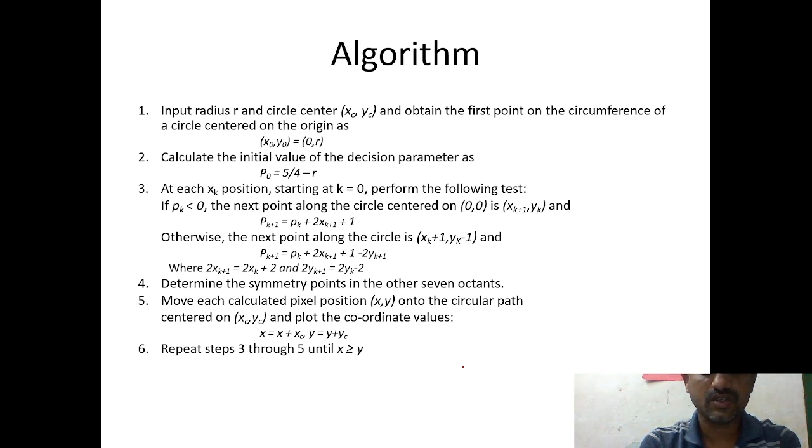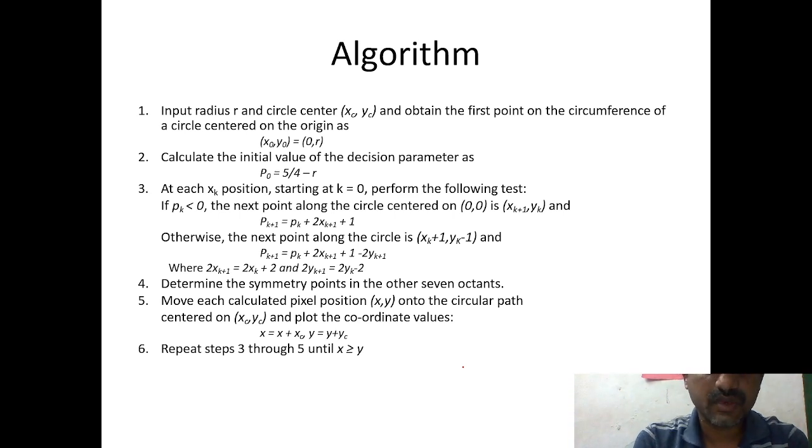If pk less than 0, the next point along the circle centered on 0, 0 is xk plus 1, yk, and pk plus 1 equal to pk plus 2xk plus 1 plus 1. Otherwise, the next point along the circle is xk plus 1, yk minus 1, and pk plus 1 equal to pk plus 2xk plus 1 plus 1 minus 2yk plus 1, where 2xk plus 1 equal to 2xk plus 2 and 2yk plus 1 equal to 2yk minus 2.